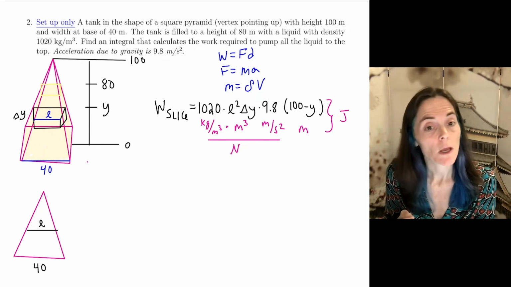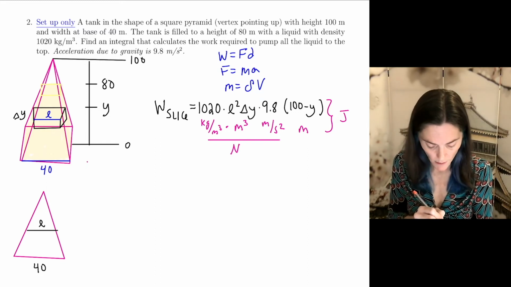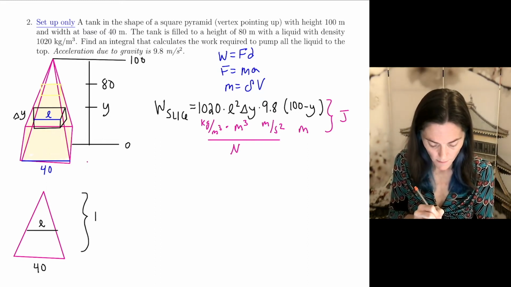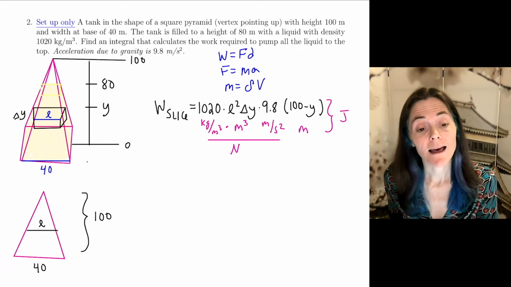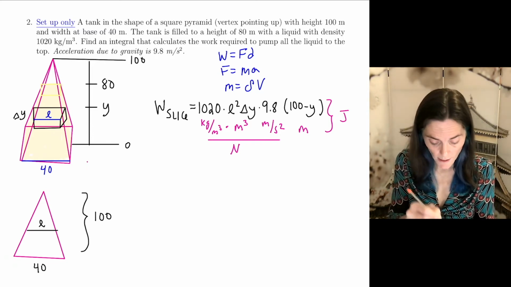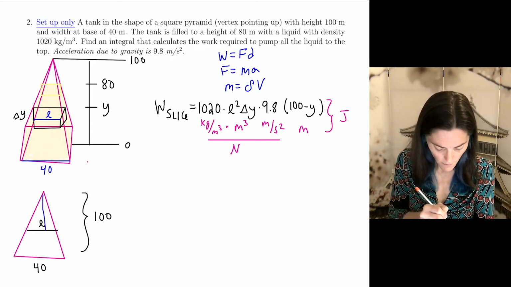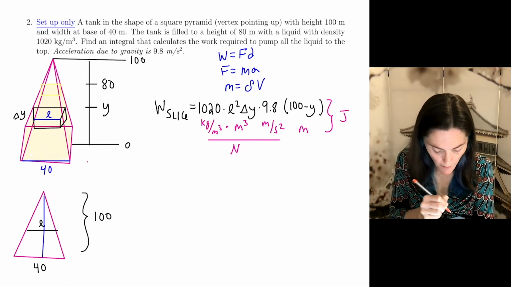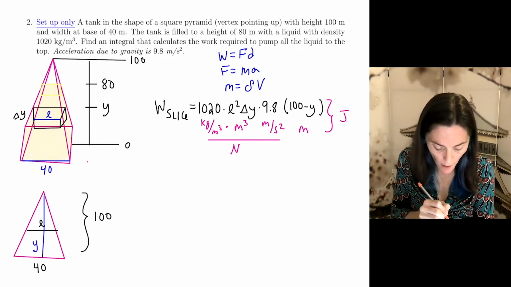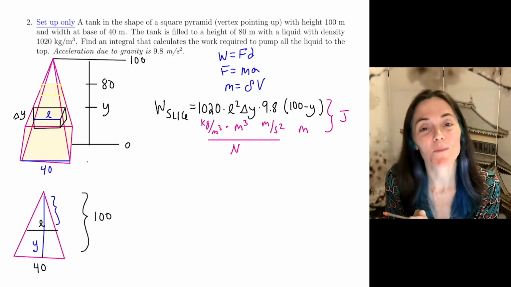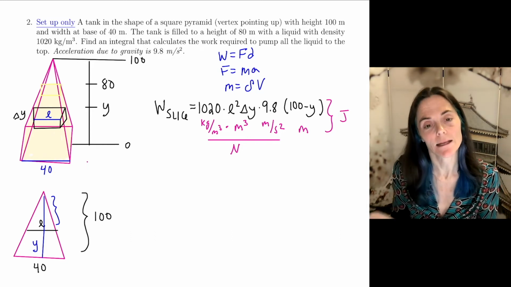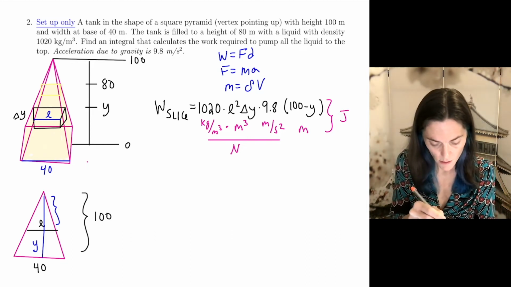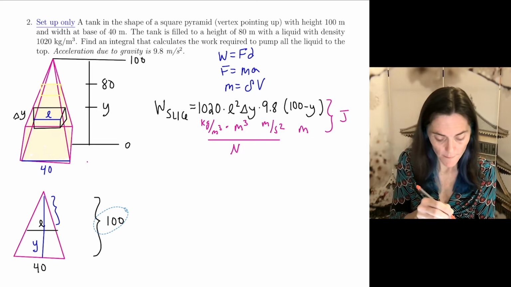And then my total height is 100. But the height of this little triangle here is not y. You see, down here is y. Down here is y. And so this part, which will be in my similar triangles, is 100 minus y.